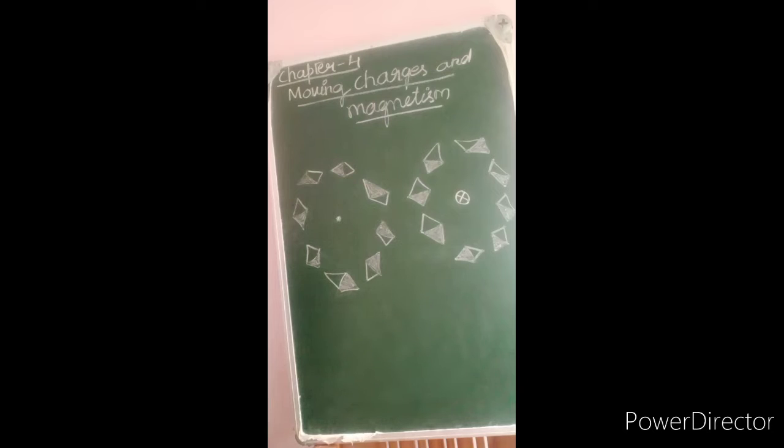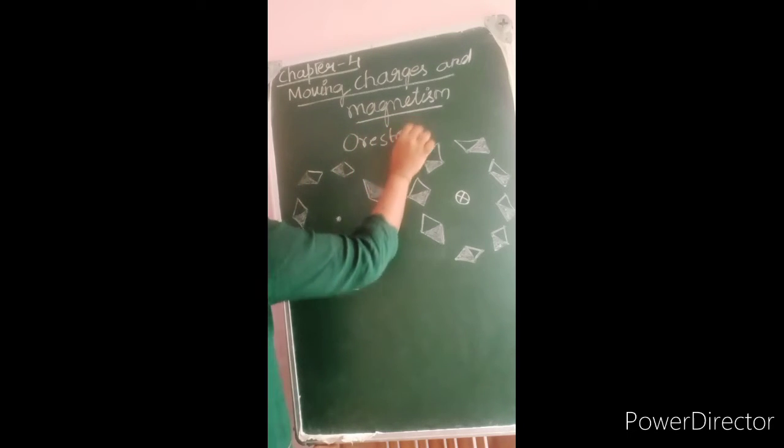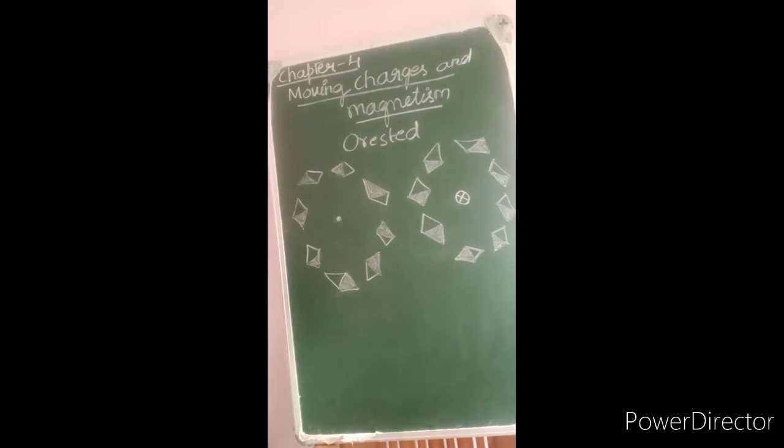We are going to study an experiment known as Oersted experiment by the scientist Christian Oersted. In the first diagram, we represent the alignment of the needle tangential to an imaginary circle which has a straight wire at its center.